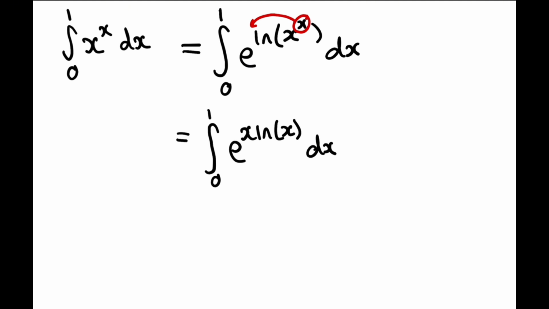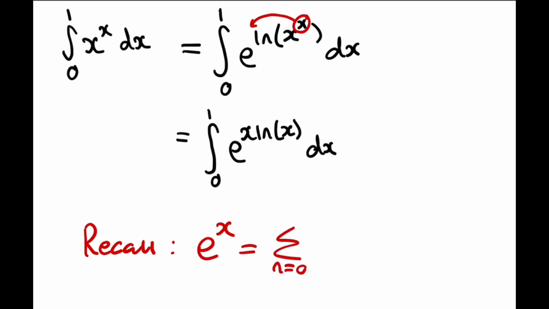Well, where can we go from here? Like last time, I want you to be able to recall the series expansion for e to the x. So we've previously said that e to the x can be written as the sum from n is 0. I'm going to use n this time because I used k before and I was severely told off for my handwriting in the last video.